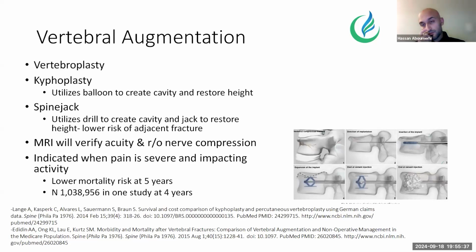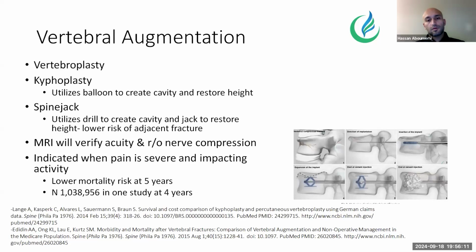When seeing these vertebral compression fractures on the X-ray, usually we'll try to get an MRI to assess the acuity of the fracture itself. So if you see more marrow changes on a STIR, for example, then that basically reinforces that the bone is still healing and hasn't hardened completely, where a sclerotic vertebrae would be, first of all, more difficult to access, and second of all, it's questionable how much relief the patient's actually going to get from the procedure.